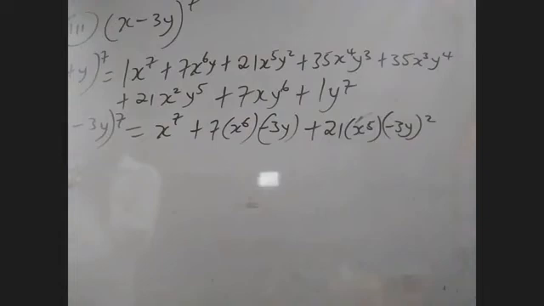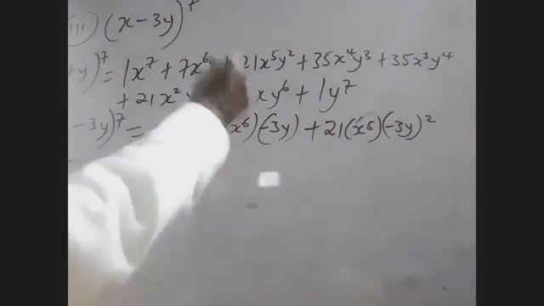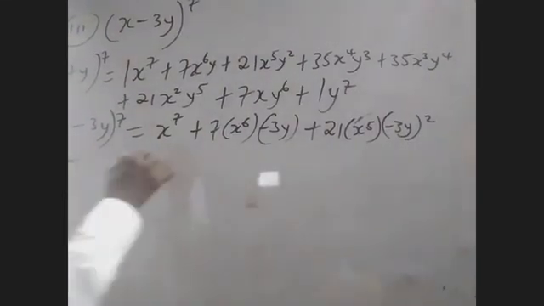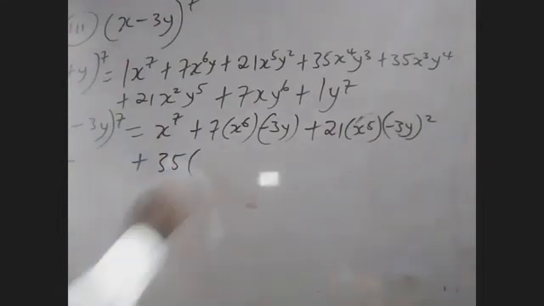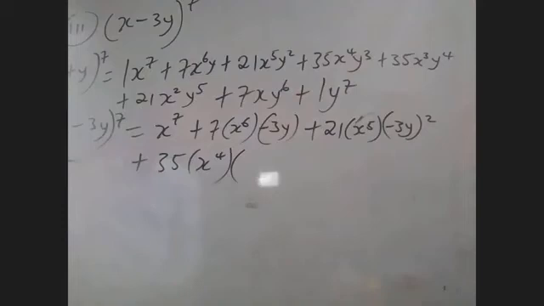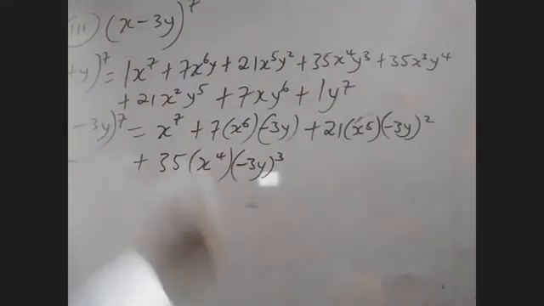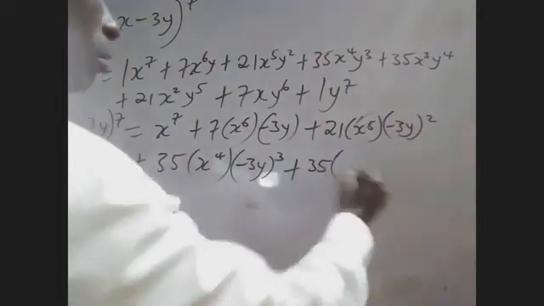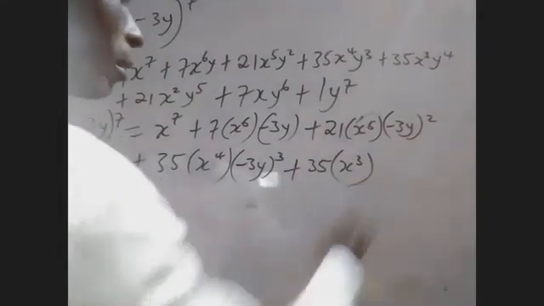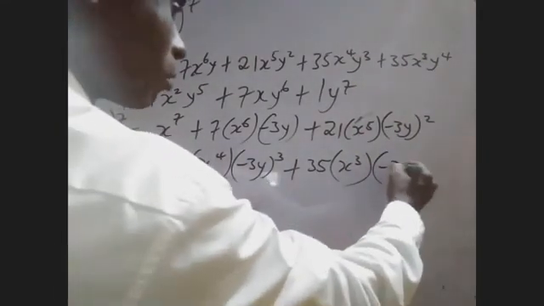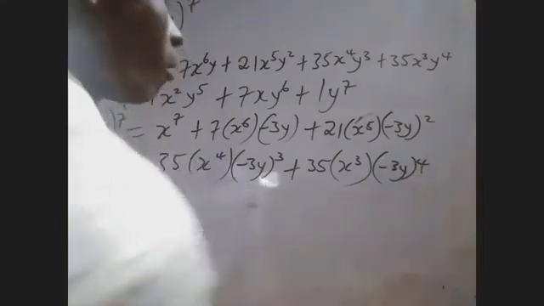Then plus the next one, 35s^4 (−3y)^3. Then the next one is also 35s^3, then you have (−3y)^4.